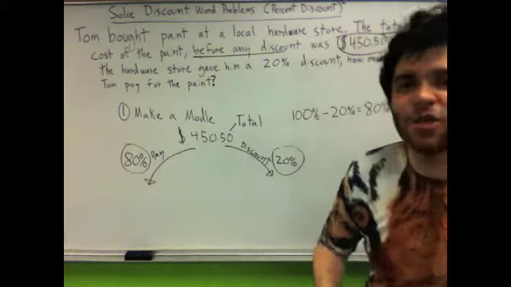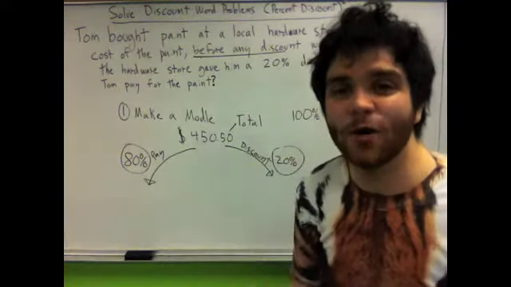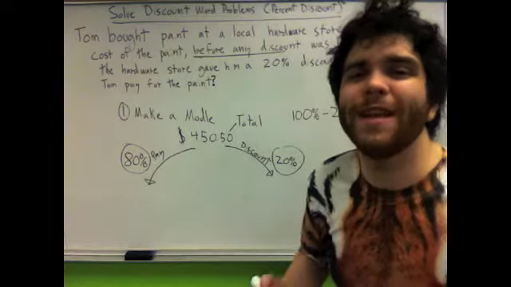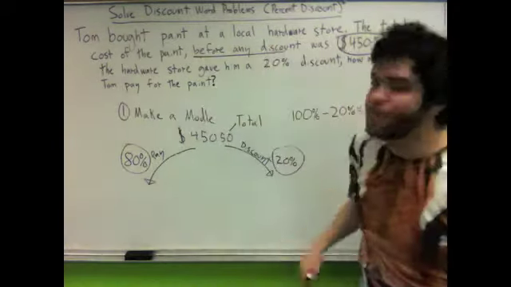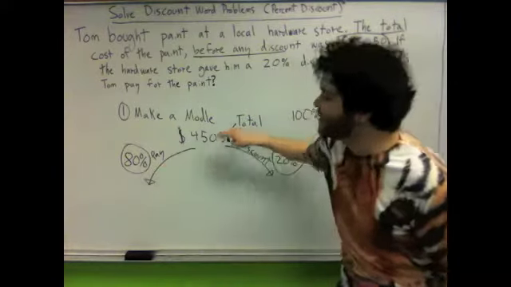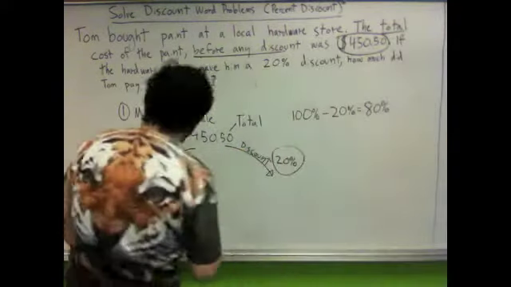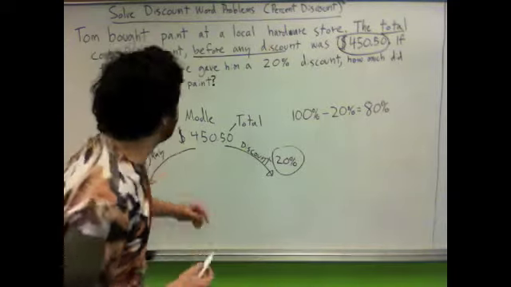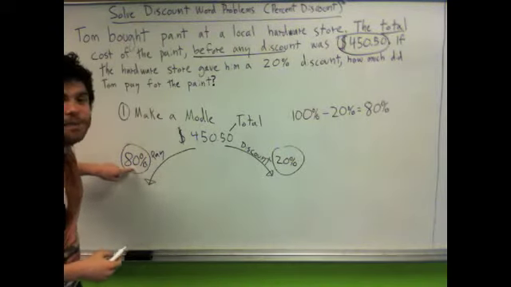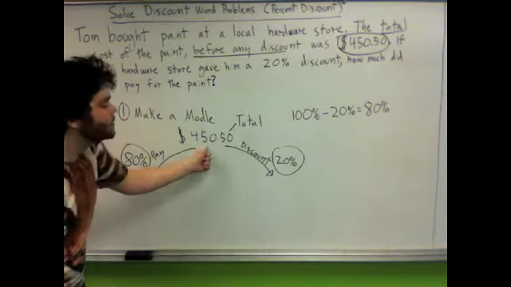And that's going to take us to our next step. We have to calculate what we need. So we know we want how much he paid for the paint. We know he paid 80% of the total. So step 2 is going to be calculate, where we find 80%, how much he paid of the total.